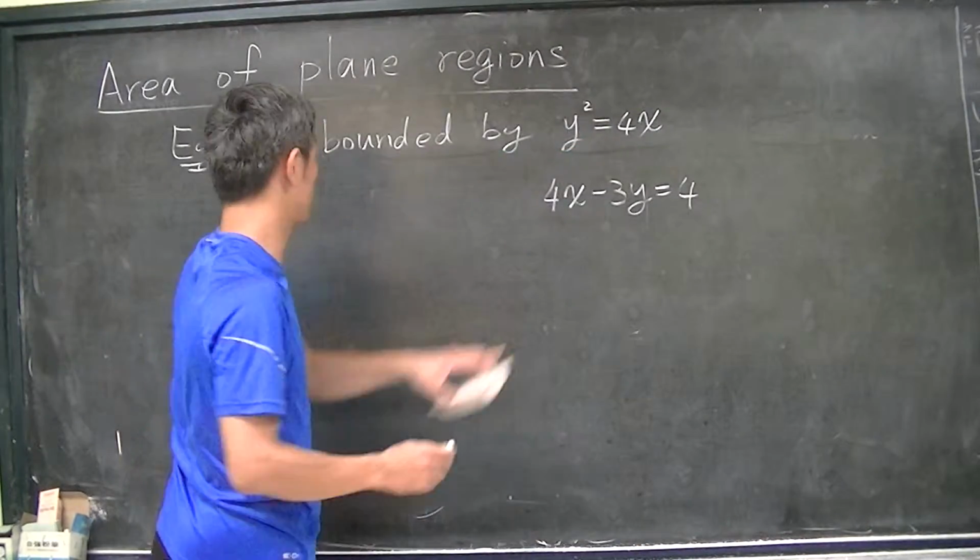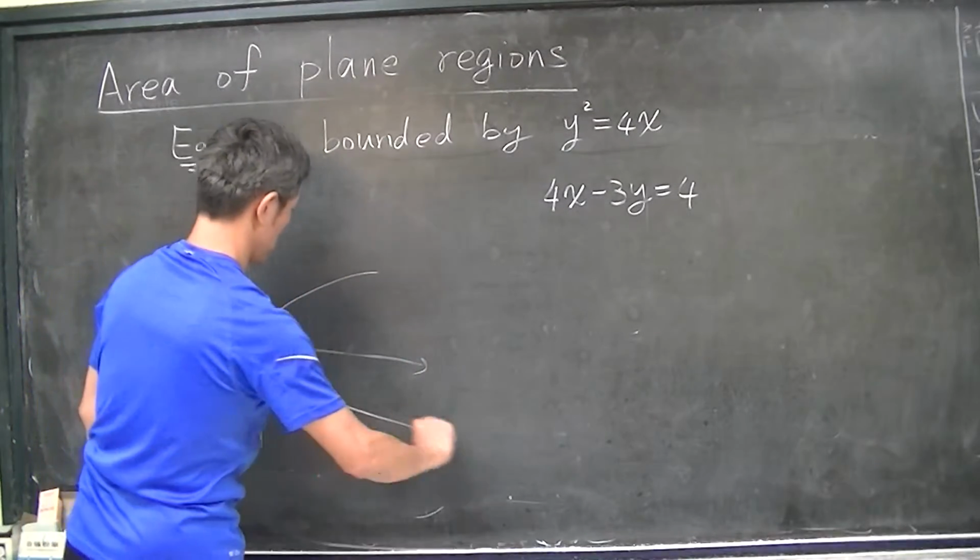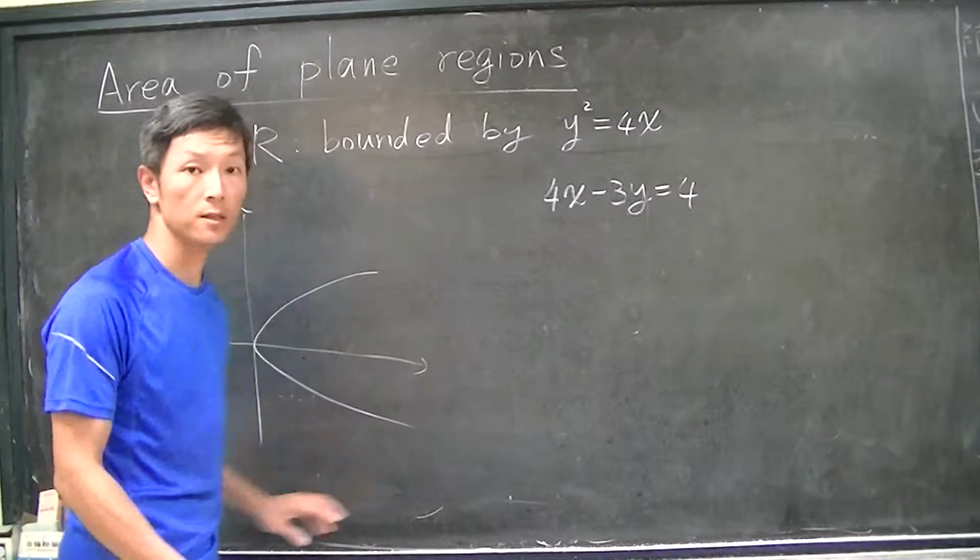The first is a parabola, and the other one is a line.